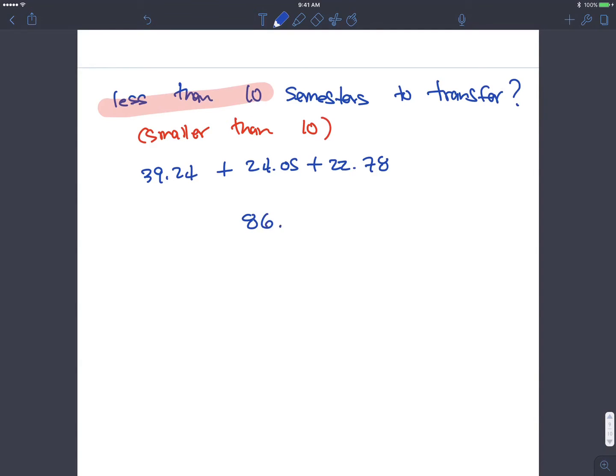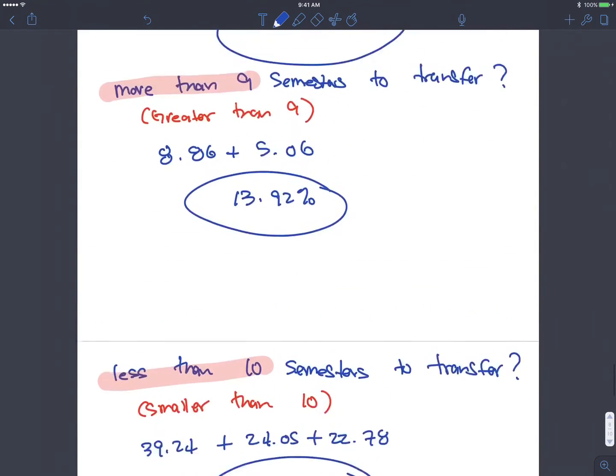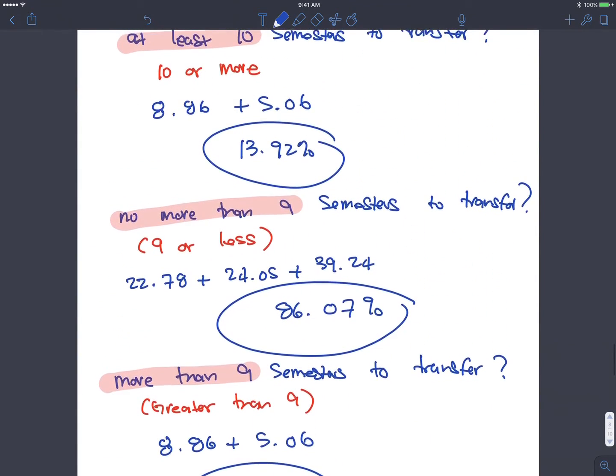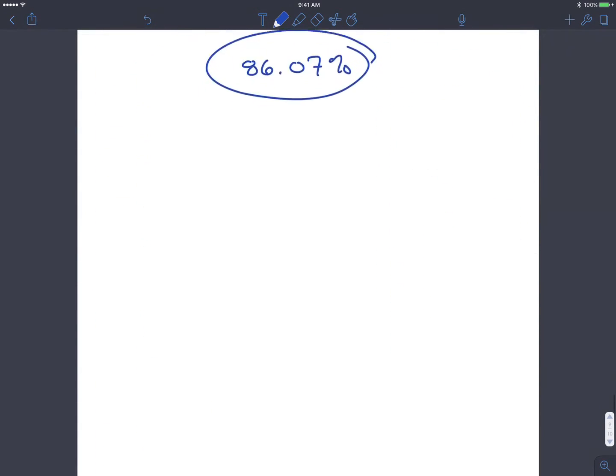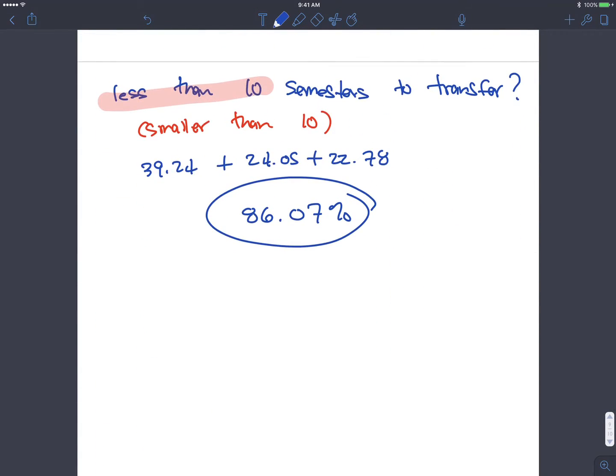We get 86.07%. So 86.07% of the students took less than 10 semesters. That happens to be the same as no more than 9 semesters. So this is less than 10 semesters.